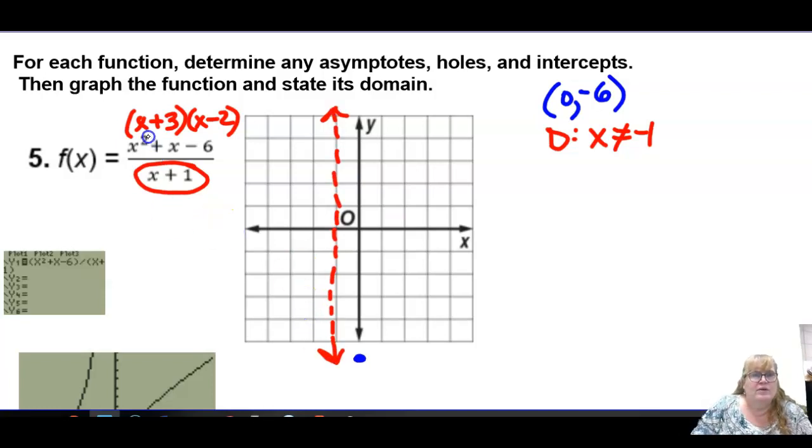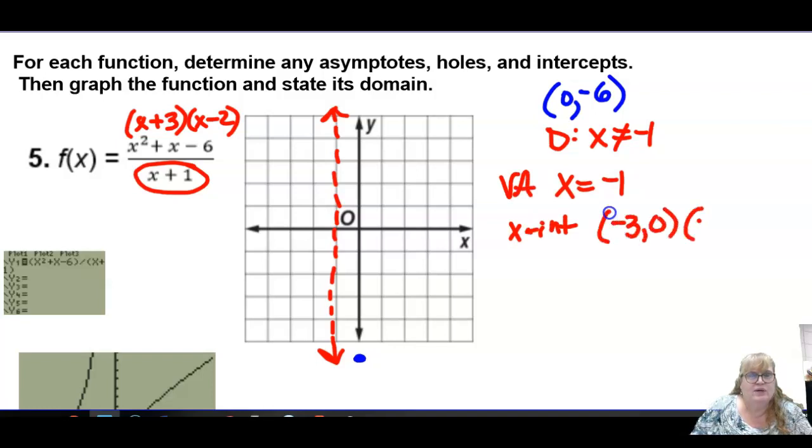All right, then there are 2 zeros that make the top. The x-intercepts are things that make the numerator 0. So I'd have -3, 0, and +2, 0. 1, 2, -1, -2, -3, +2. All right.